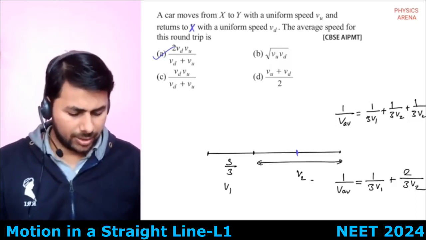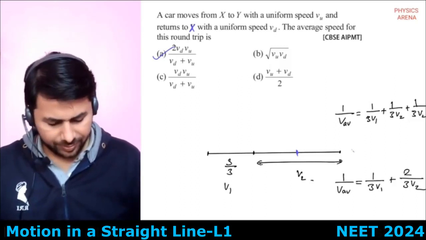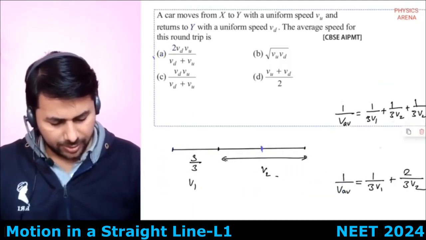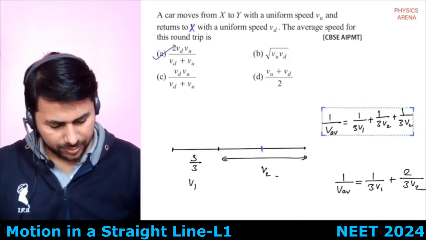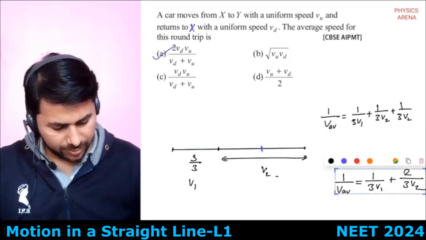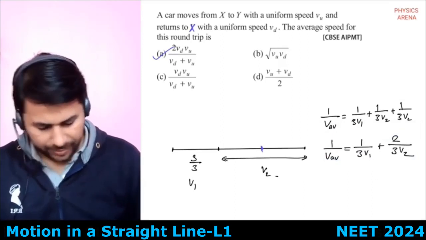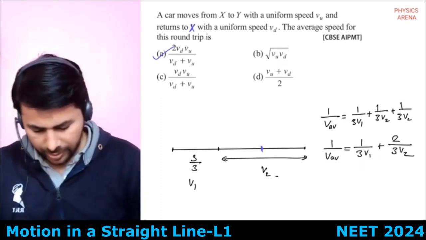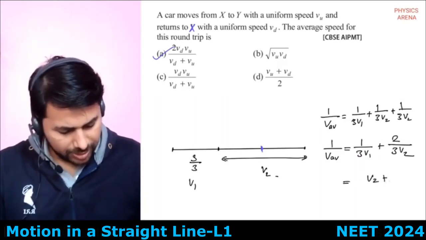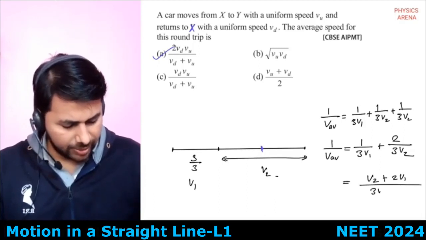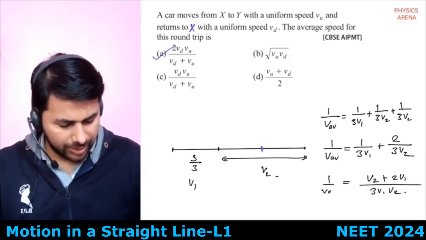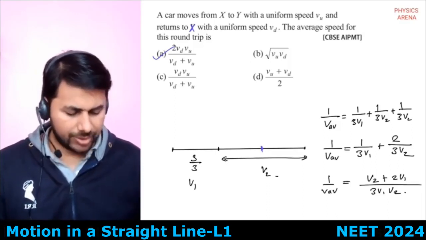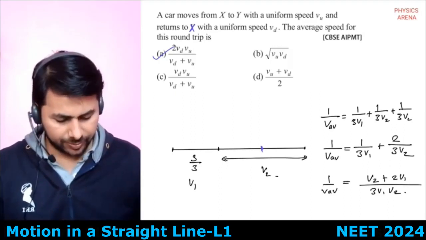Then you can do cross multiplication. It will be 3v1v2, so this will be v2 plus 2v1 divided by 3v1v2, and this is 1 upon v average. You want v average, so it will be the reciprocal of that: 3v1v2 divided by v2 plus 2v1.